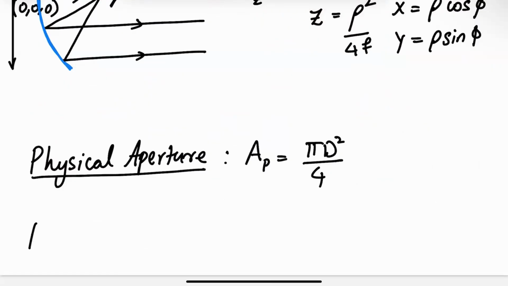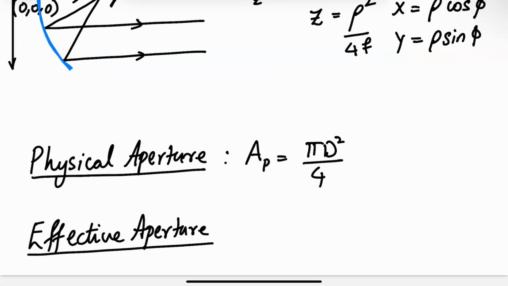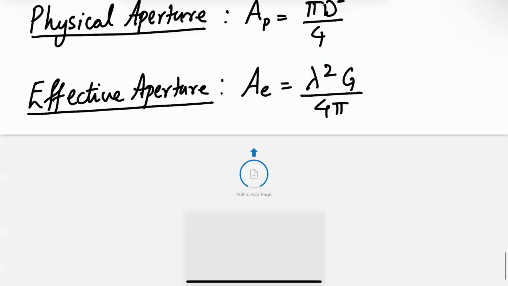And then there's another effective aperture for every antenna, which we've defined earlier. And we can show using reciprocity that this is related to the gain of the antenna as lambda squared G over 4 pi. Right?